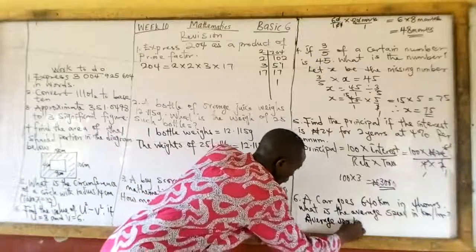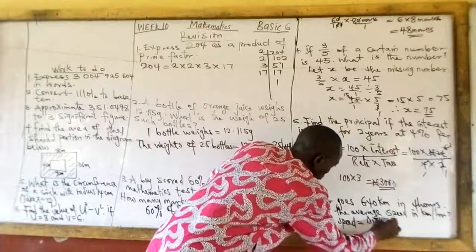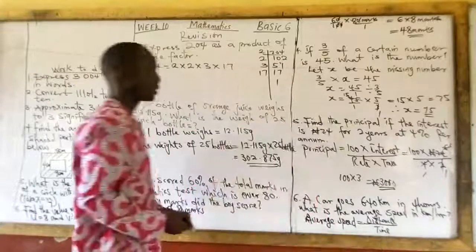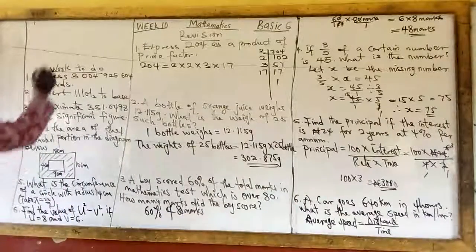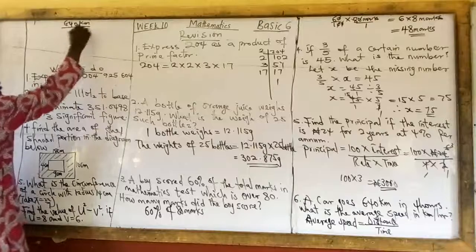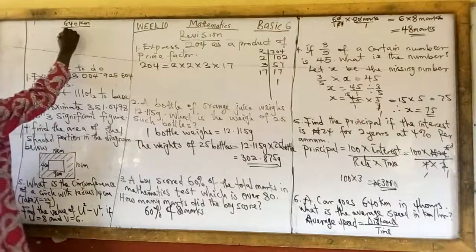Now let's go. The formula for average speed equals distance, everything over time. Now what is the distance? 640 kilometers, everything over time, which is 4 hours.